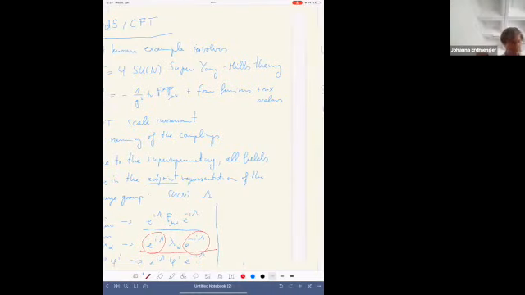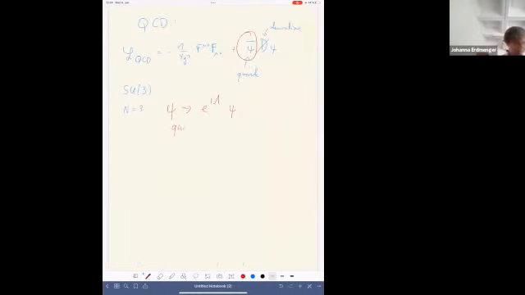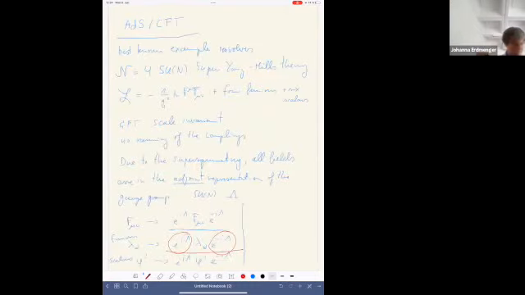But if we want a quark, there's only one factor here and there's nothing here. So this field doesn't appear in my original Lagrangian. In this Lagrangian, there's no quark. But if I want QCD, I need quarks.